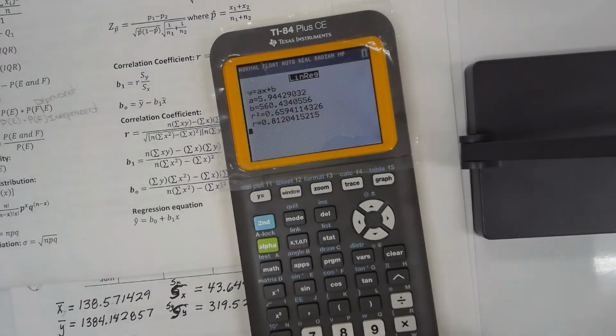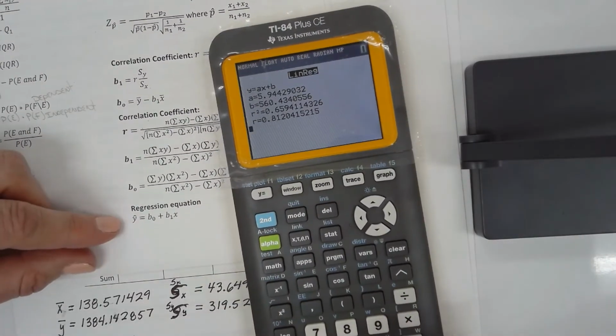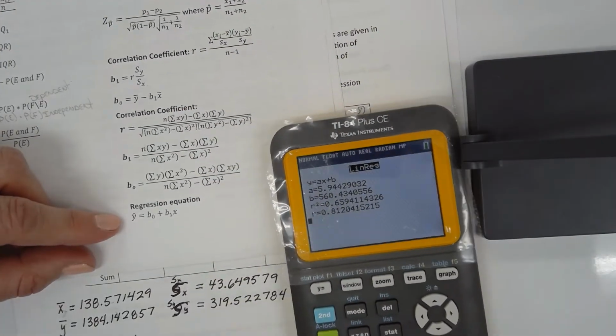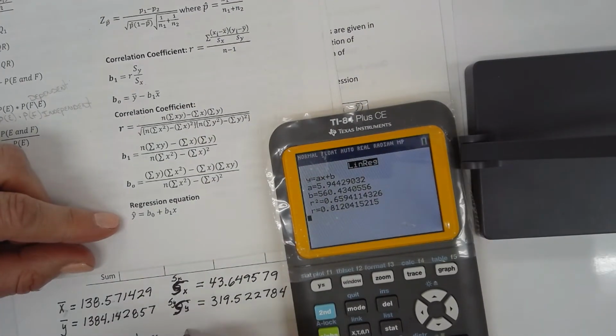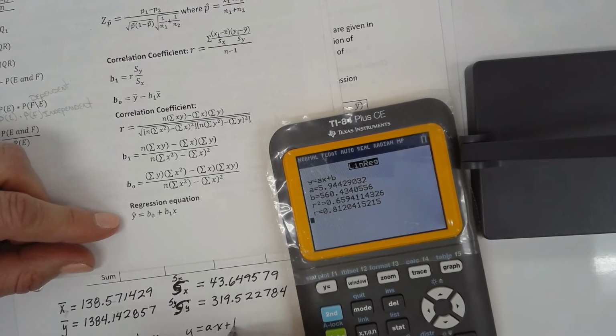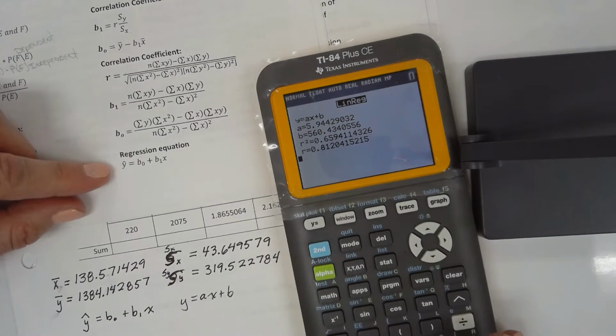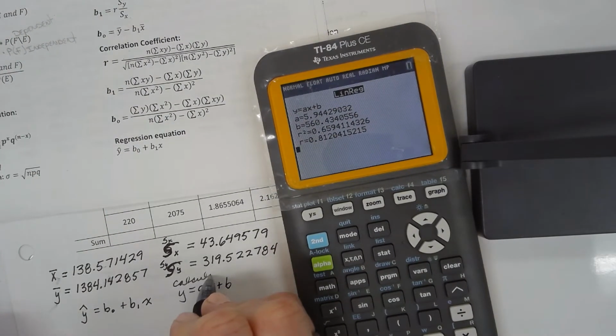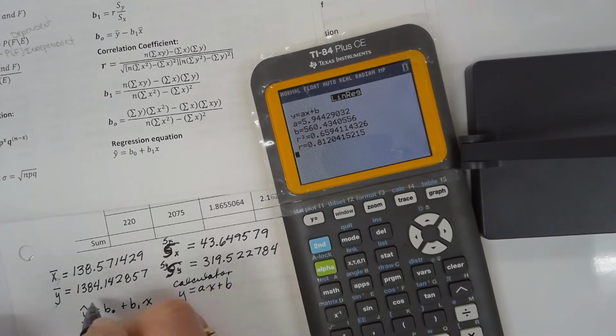We just found it with our calculator. So in our calculator, notice it says y equals ax plus b. Okay, so this is from the calculator. This is from your formula sheet.